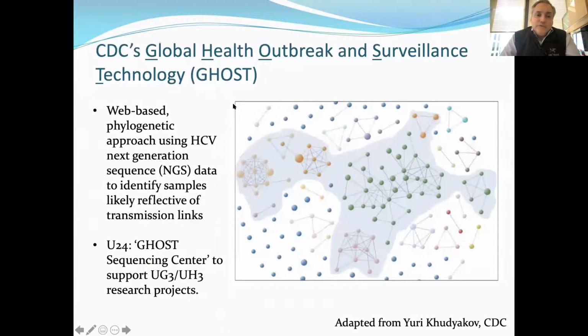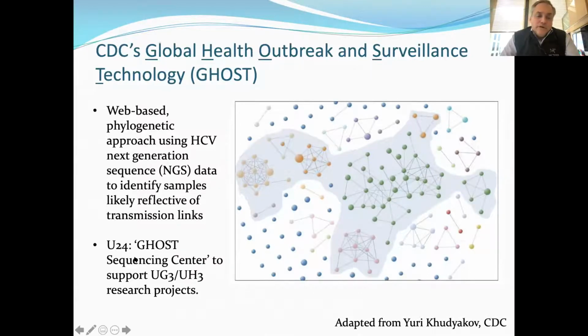And so the approach we use is really predicated on a program that the CDC's hepatitis group had developed, which is called GHOST, which stands for Global Health Outbreak and Surveillance Technology. It's really taking that sequence data, or that next-gen sequencing data, and applying a phylogenetic approach to determine which sequences are most accurately linked to one another versus those that would represent truly independent infections.